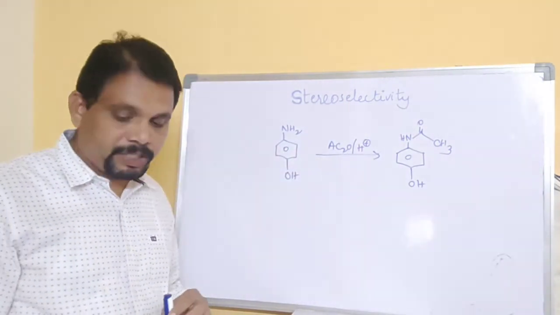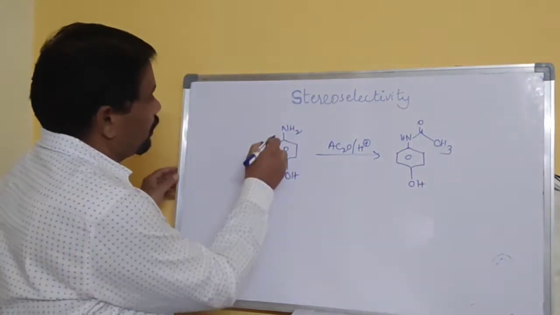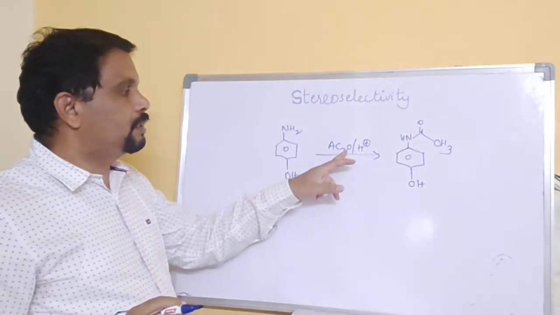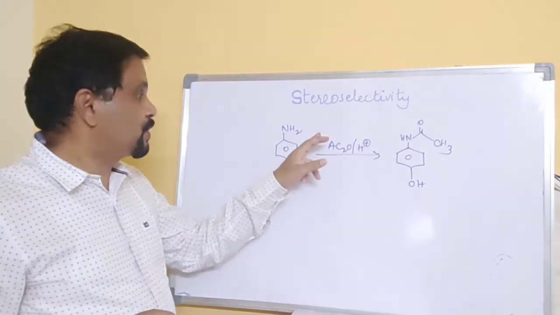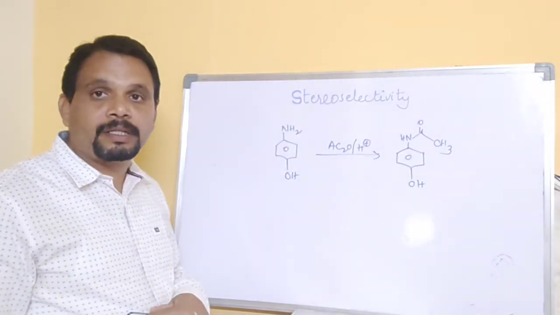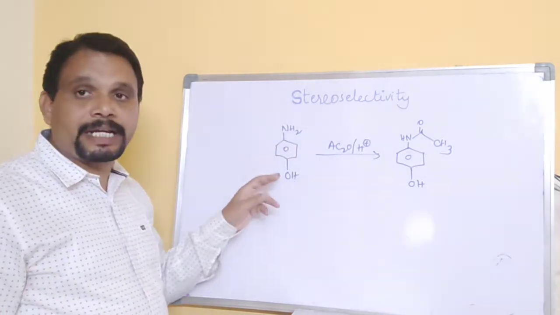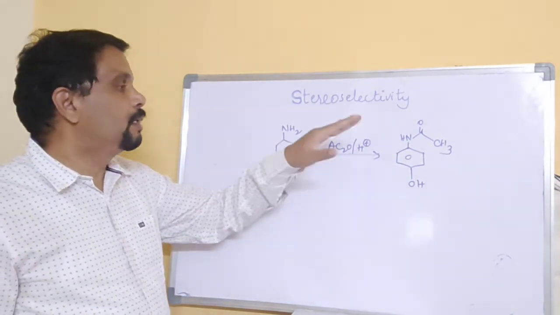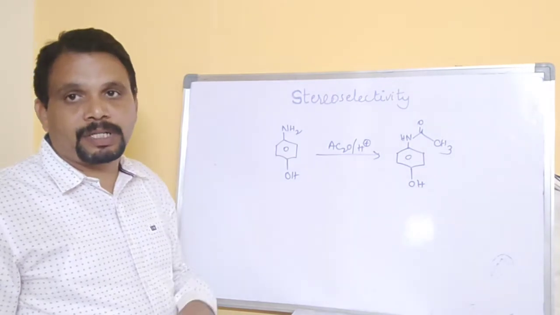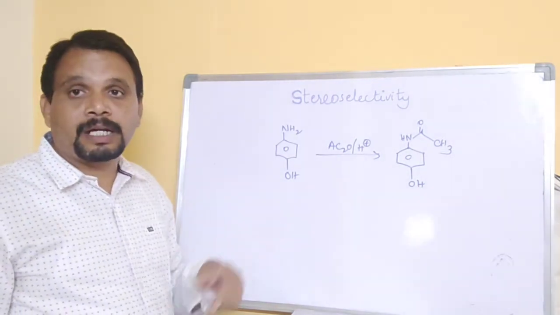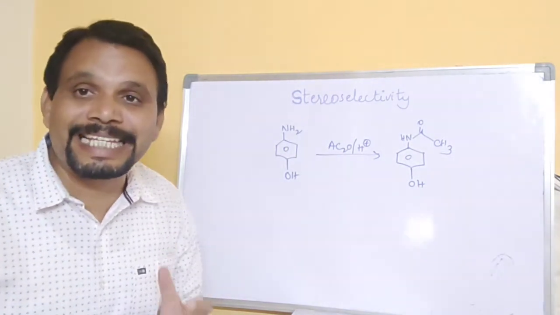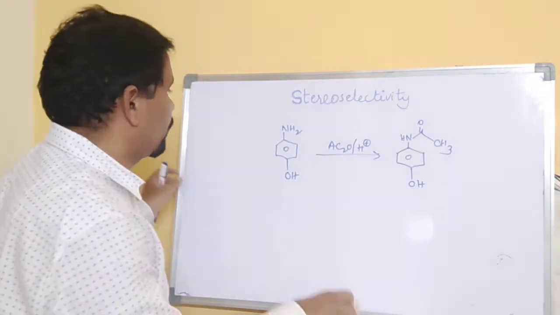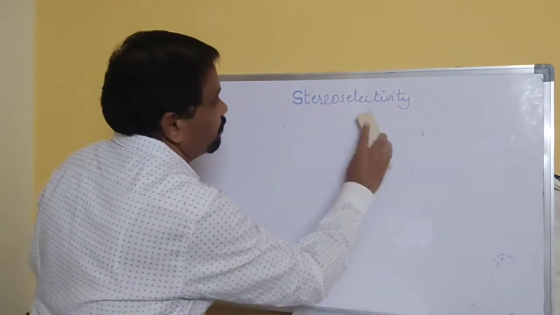Here amine and hydroxyl functional groups are there, but this reaction takes place at the amine group only. It does not disturb the hydroxyl group, so the corresponding product is preferably, predominantly formed over the other possible product. This is known as chemoselectivity.